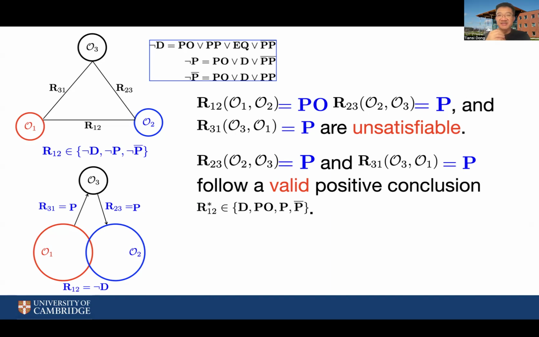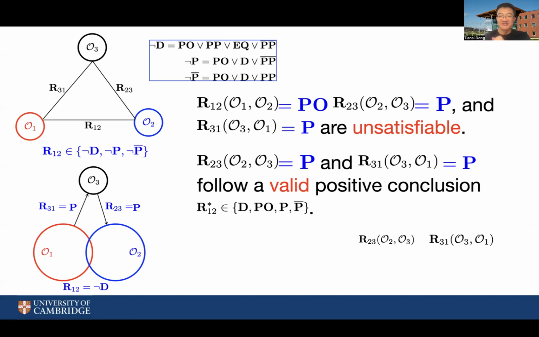And valid means it must be true if the premises are true. The condition in the task is that the three relations are satisfiable.